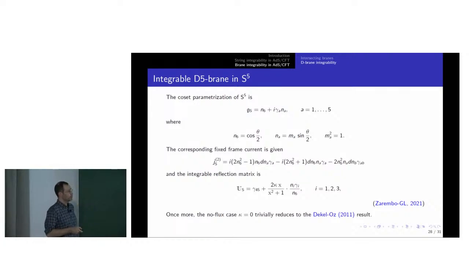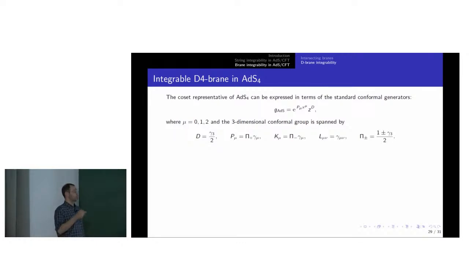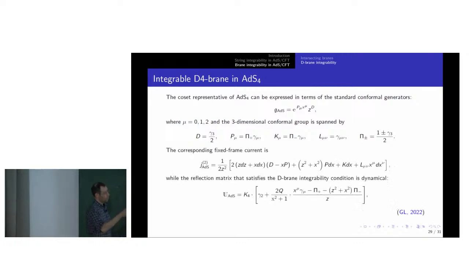And again, the zero flux case is the Dekel-Oz result. And AdS4 is very much similar to AdS5, and the reflection matrix is very much similar, and this part was really very, very straightforward.